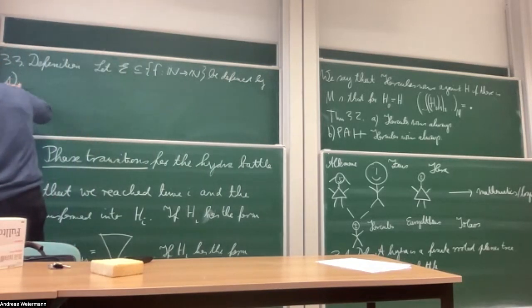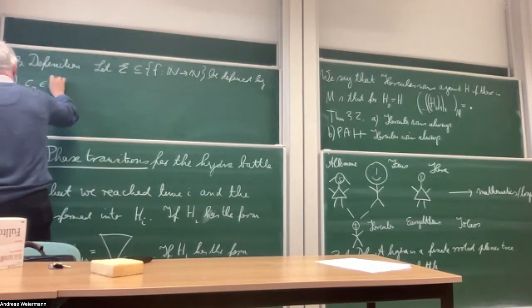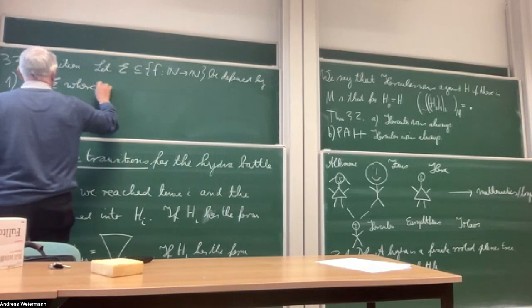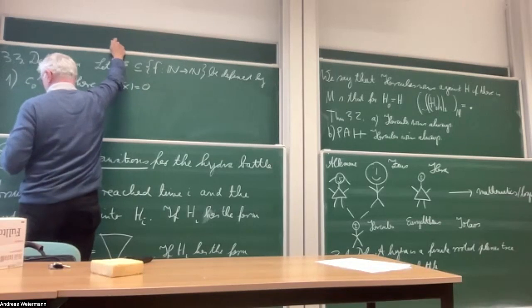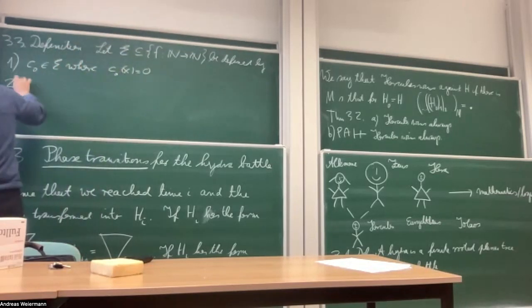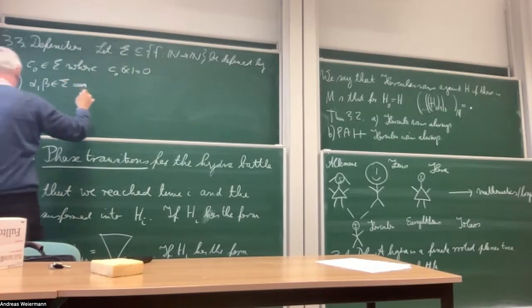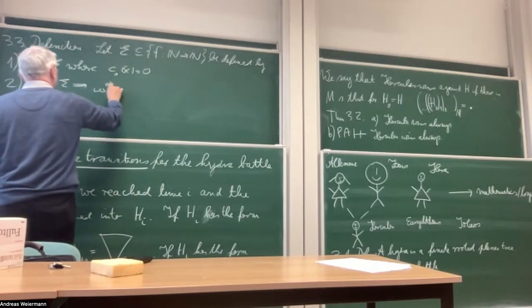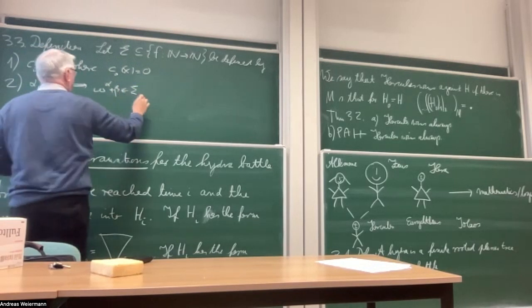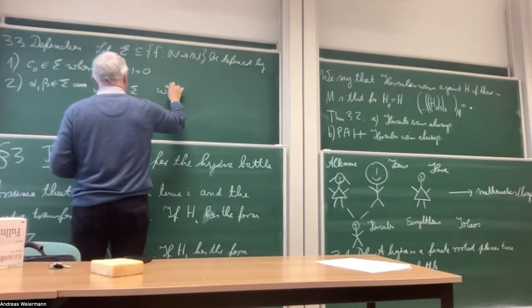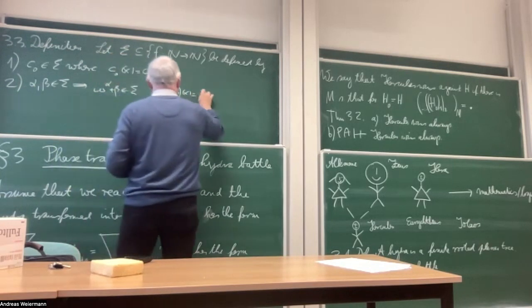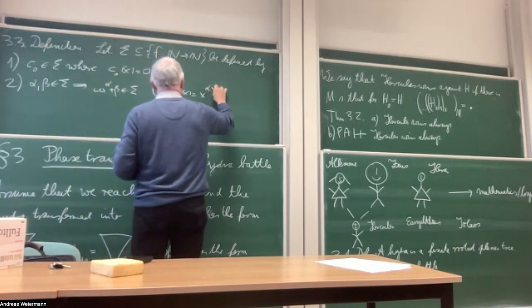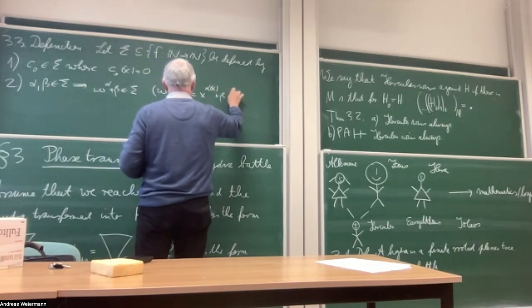First one is the constant zero function is in E. And second, if alpha and beta are in E, then a certain function, omega to the alpha plus beta, is in E. With the definition that omega to the alpha plus beta of x is x to the alpha of x plus beta of x.